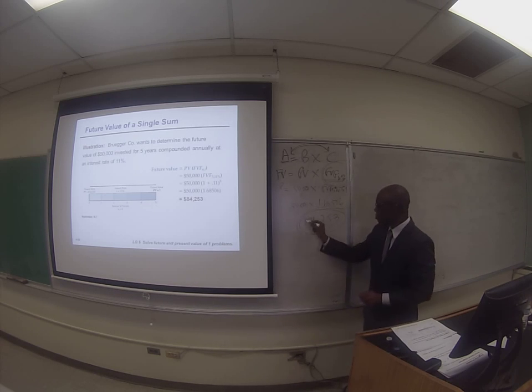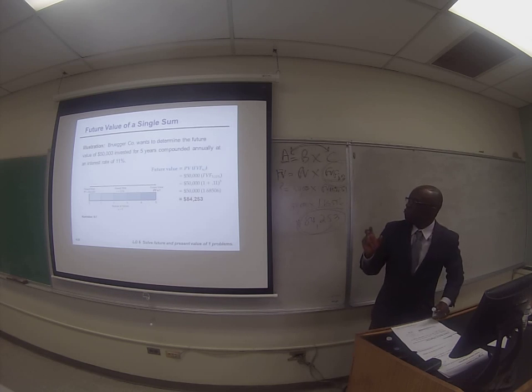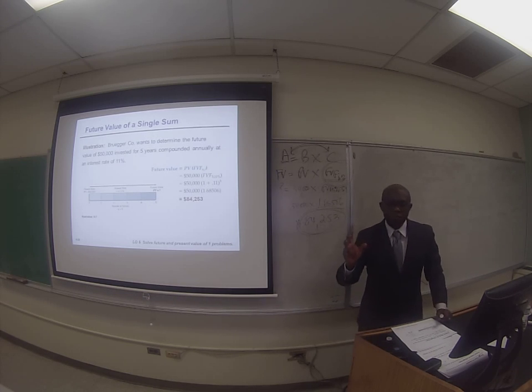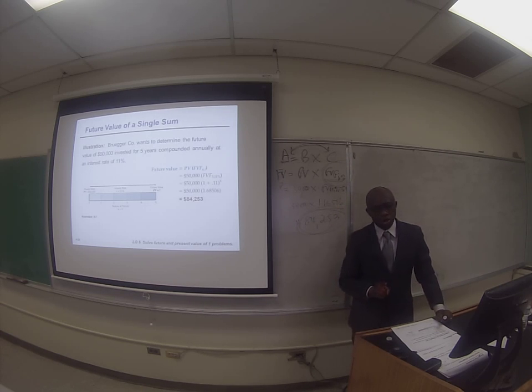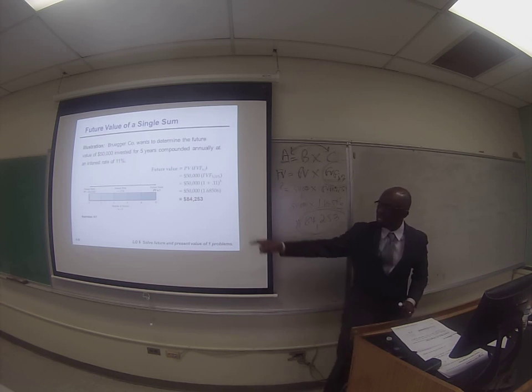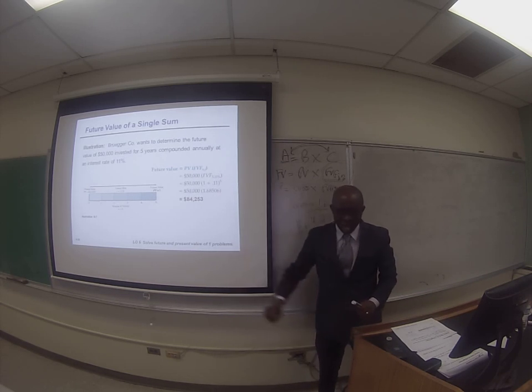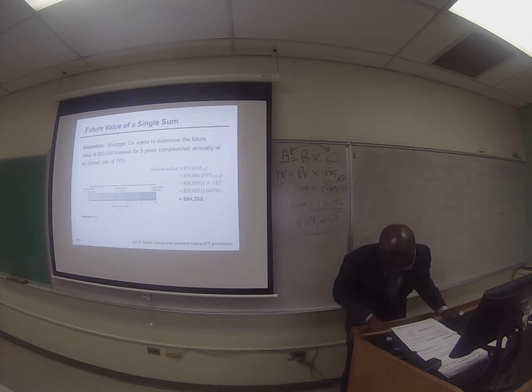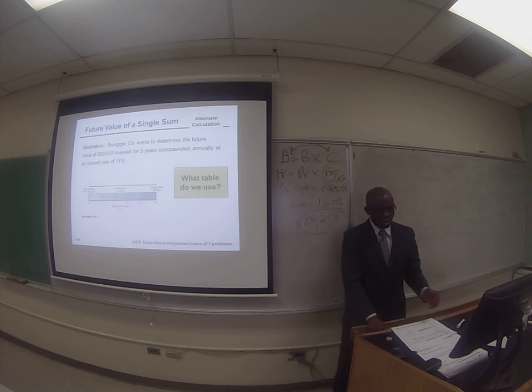So the future value of $50,000 compounded annually at an interest rate of 11% is 84,253. That is how they have it worked out in this problem. So now let's take a look at what table do we use. We just illustrated that.